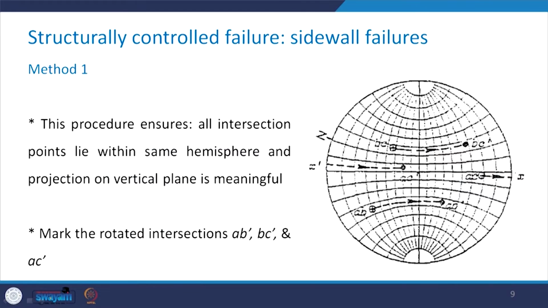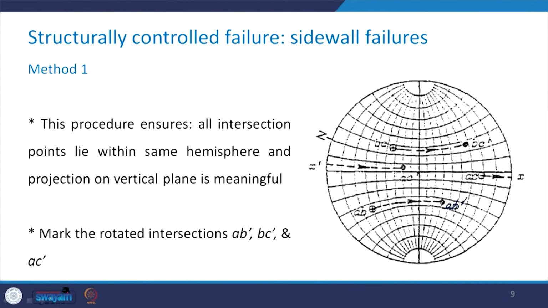Why we need to do it in this particular manner is that if we do it in this manner, all the intersection points will lie within the same hemisphere and the projection on the vertical plane would be meaningful. So, we mark these rotated intersections as AB prime, BC prime, and this is AC prime.